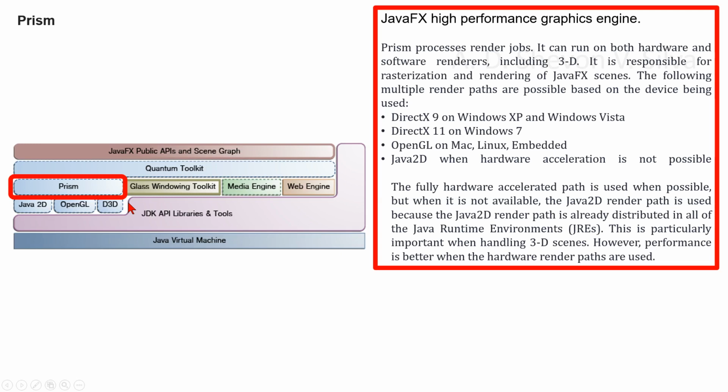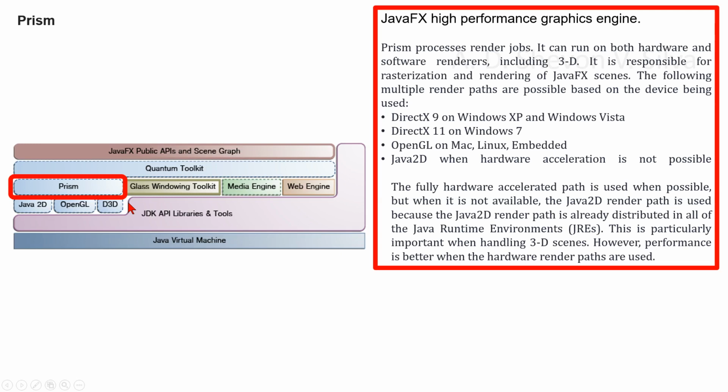The following multiple render paths are possible based on the device being used: DirectX 9 on Windows XP and Windows Vista, DirectX 11 on Windows 7, OpenGL on Mac, Linux, embedded, and Java 2D when hardware acceleration is not possible.